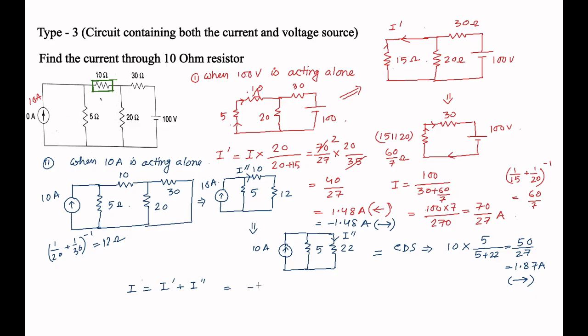I dash is minus 1.48 plus I double dash 1.87, so this becomes 0.37 ampere, and the direction is left to right. So the current flowing through the 10 ohm resistance is 0.37 ampere, left to right. The type 3 question is a circuit containing both current and voltage sources.